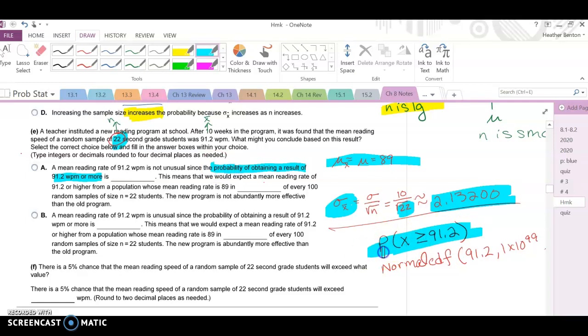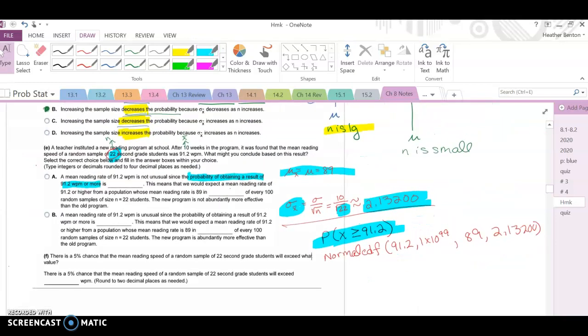So the probability of 91.2 or more, we're going to put that in our calculator with our normal CDF. If we're going out to the right, we're doing 91.2, and we're going out to the right. So this is out to infinity, so 1 times 10 to the 99th.